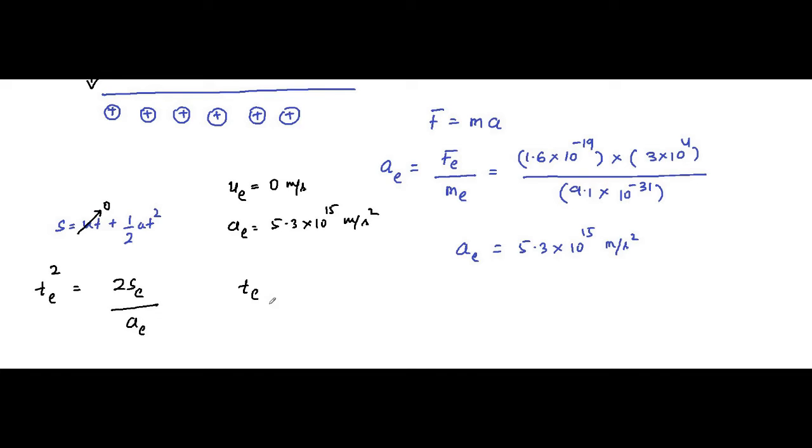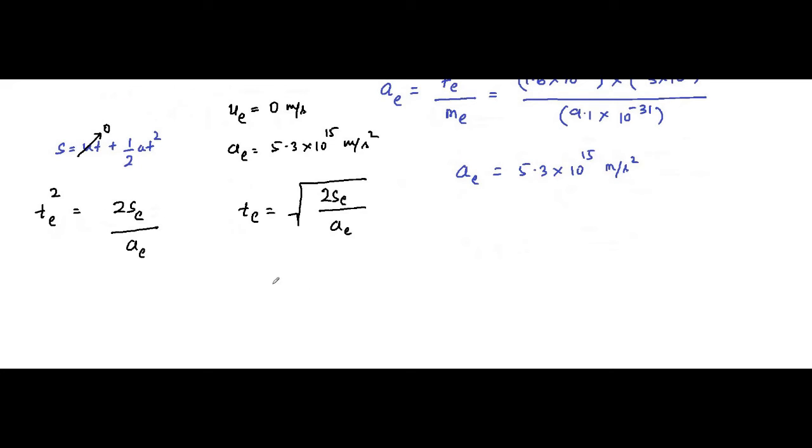Or simply the time of fall of the electron is equal to root over 2 se by ae, which is equal to 2 into se, the distance traveled by the electron, which is 4 centimeters.